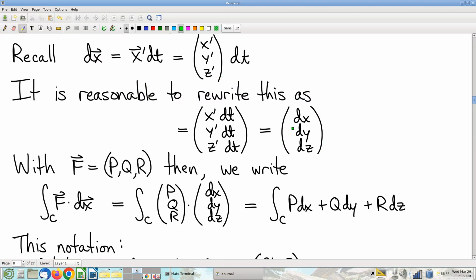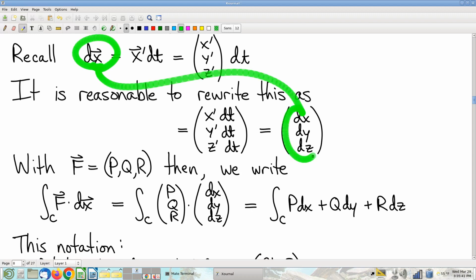Well, if I just plug in this formula right here for my dx, and if I then, as a convention, why not, use the standard notation for a vector field with coordinates P, Q, and R. By the way, I don't really know where that convention comes from, but at a minimum it's very common. I don't know if I'd go quite so far as to say it's standard, but it's very common.